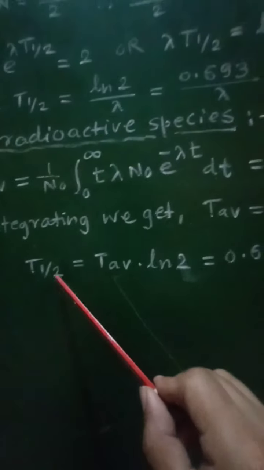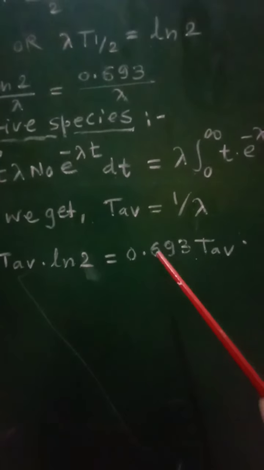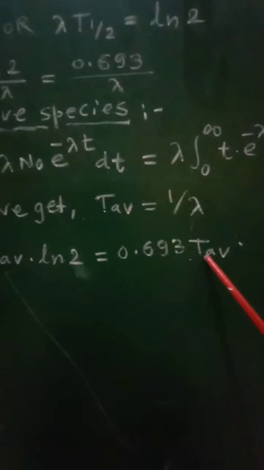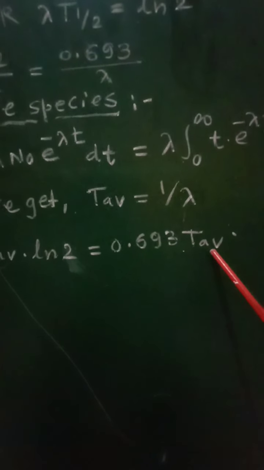So half-life is equal to 0.693 times the average lifetime.